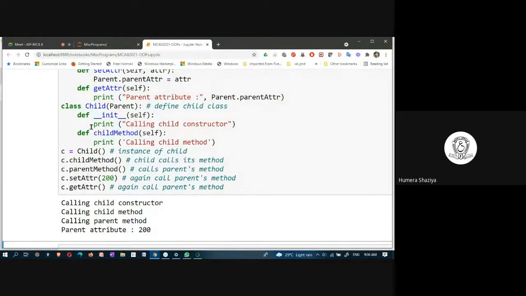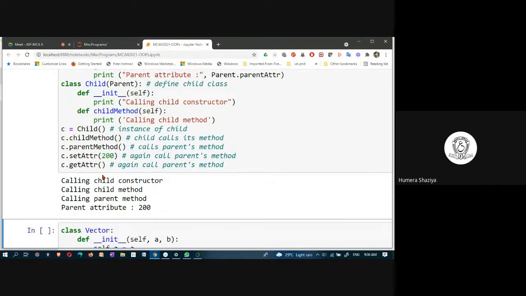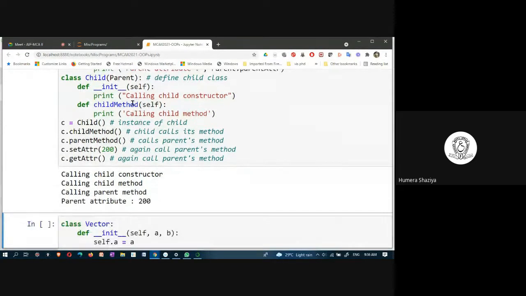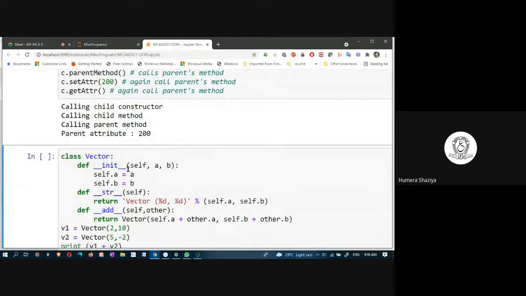It can invoke all the methods of the Parent class, and it is calling this method with 200 as the value. And getAttr would print the value. The value assigned is 200, so it prints 200. The same thing is being printed in the output.